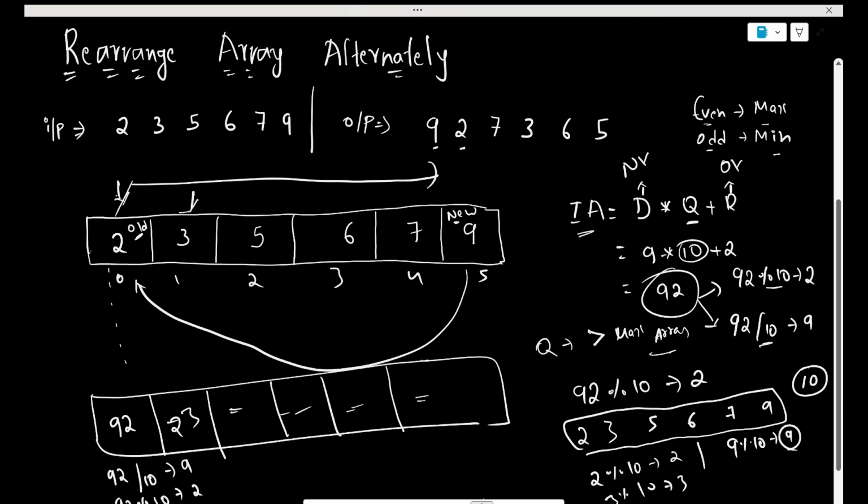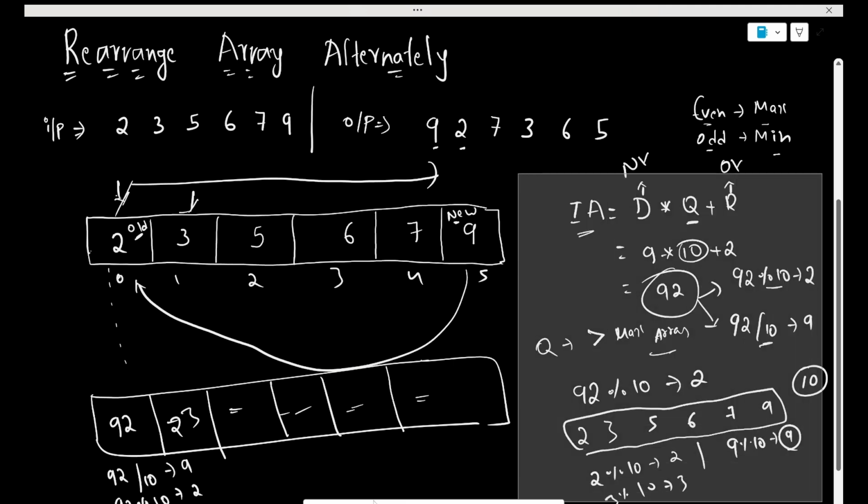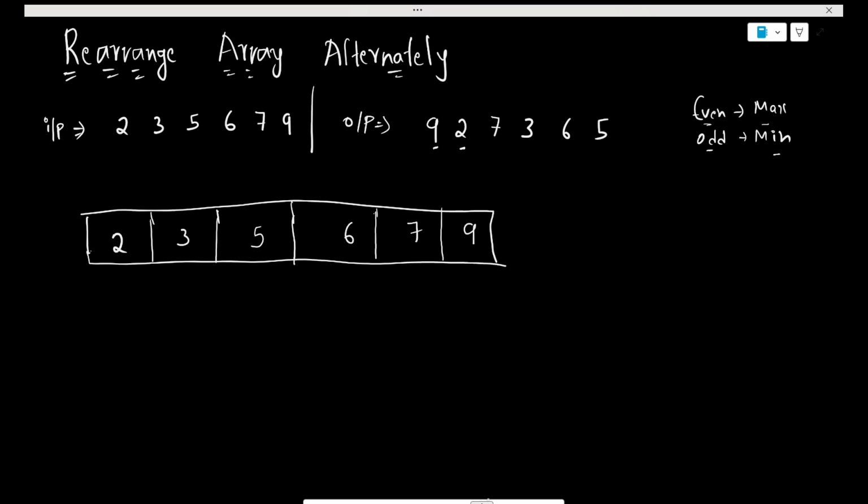That's it. Let me explain somewhat briefly. We take an example, then you will get more understanding of it. First, we will be taking 3 pointers. One is i, another one is minimum, and the next one is maximum.